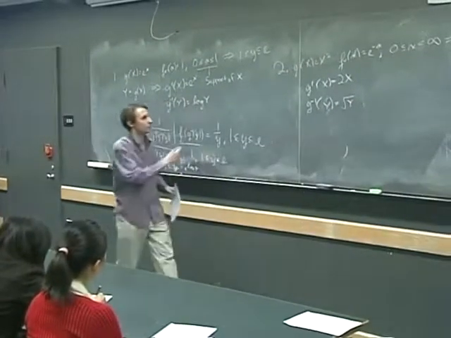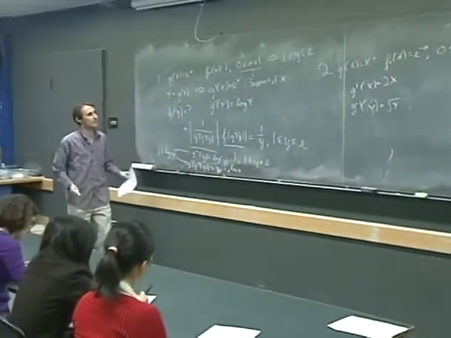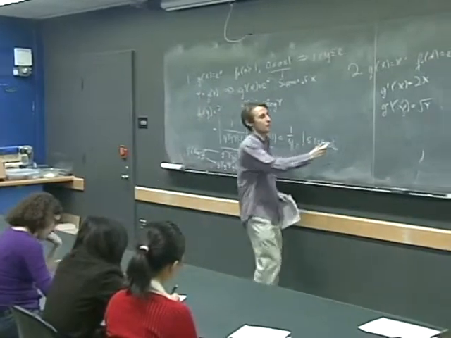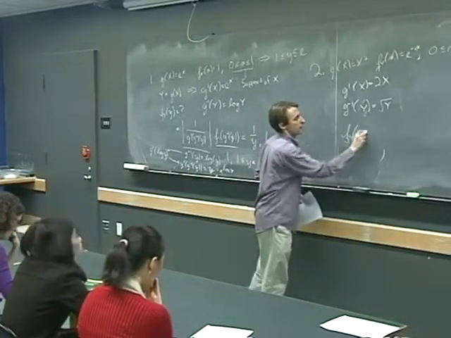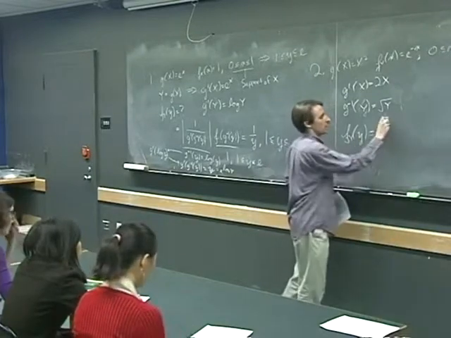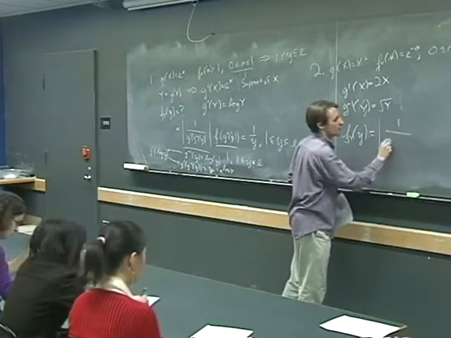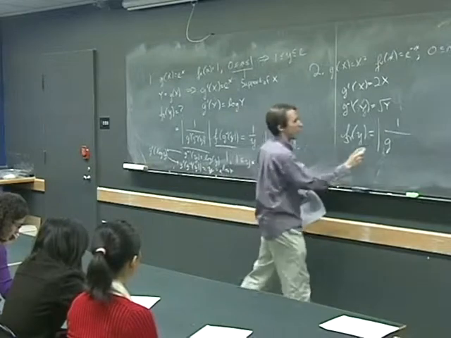Okay, and now all we have to do is try to plug and chug into this formula. So here we have f_Y of y is equal to, well, we need 1 over g prime.